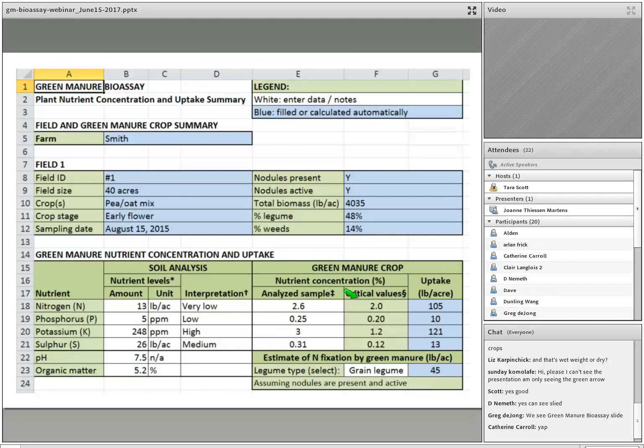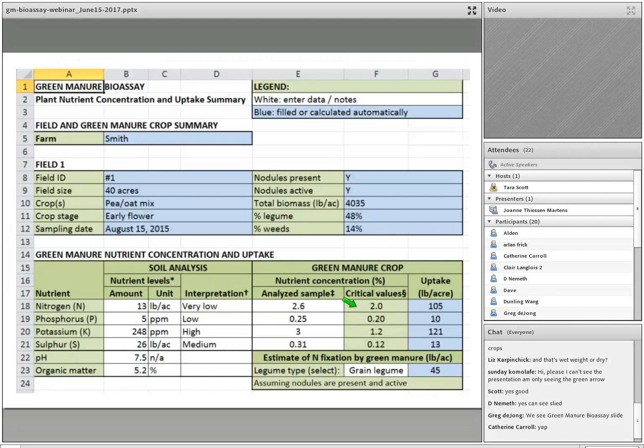Besides those, under critical values, we have indicated some levels at which we think, and the literature shows, that problems begin to develop. I should say when you get below those levels is when it's an indication that there's a soil fertility issue. In particular, in terms of soil fertility, we want to focus on phosphorus, potassium, sulfur.